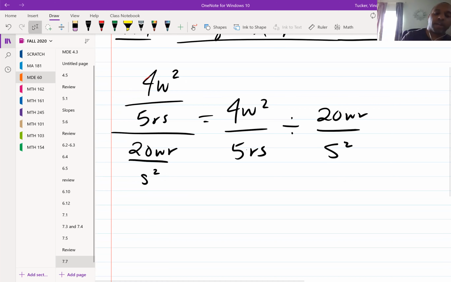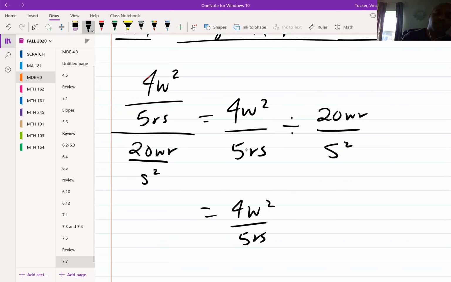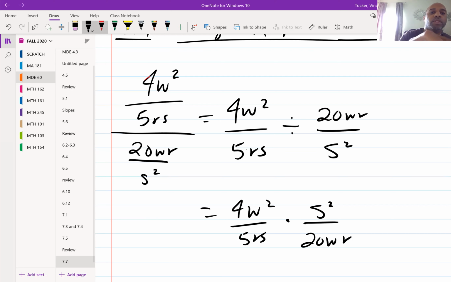And whenever you're dividing by a fraction, you're multiplying by the reciprocal. So let me change the multiplication to flip the fraction. And now you can cancel out whatever is in common with the top and bottom.